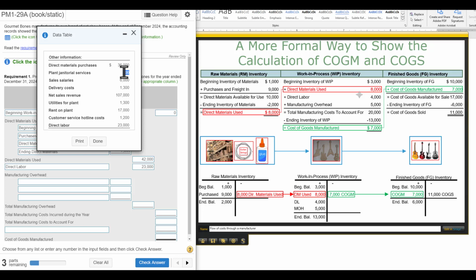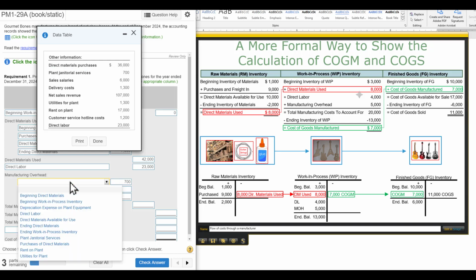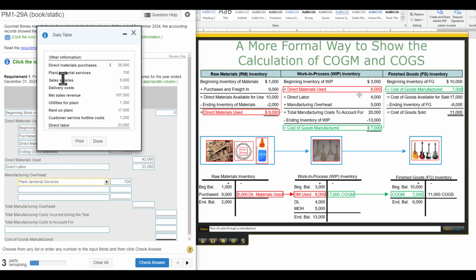So this $700 is part of the manufacturing process because it's the janitorial services for our plant. Sales salaries. These salespeople do not build the product, therefore this is not a product cost and therefore not manufacturing overhead. Delivery, that's for when we deliver the product, so that's part of selling.